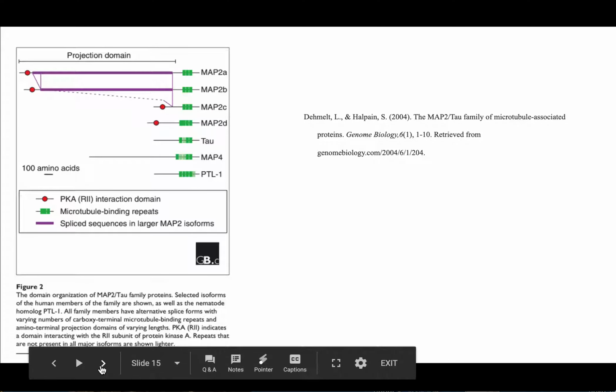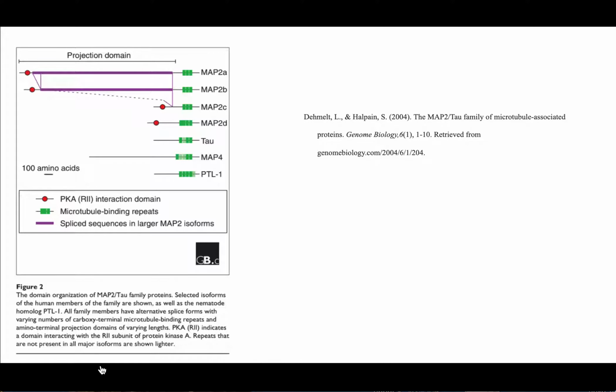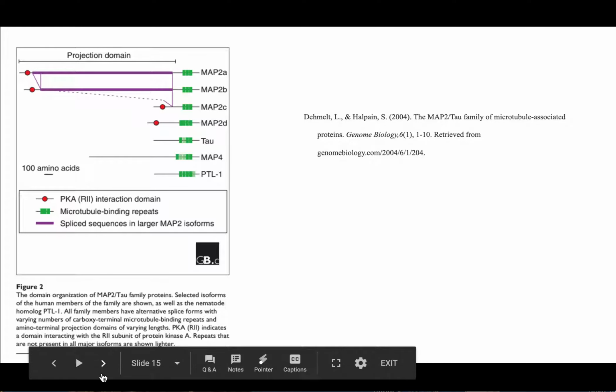So again, here's the same thing. It's just showing you that within here are microtubule formations and the interaction of the binding unit, and showing you the conservation and where we would have all of the interactions within tau and the isoforms.